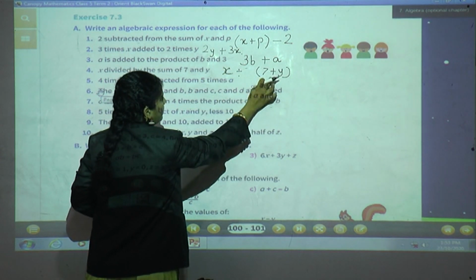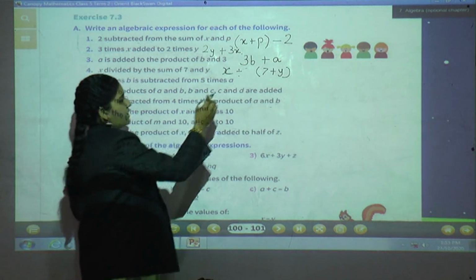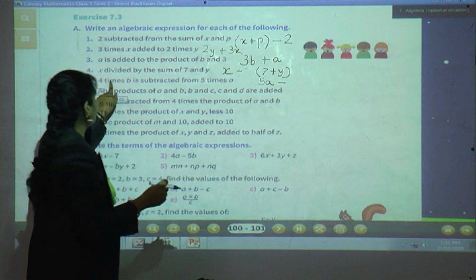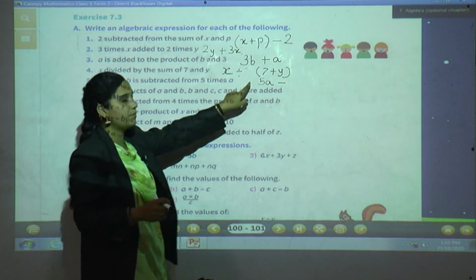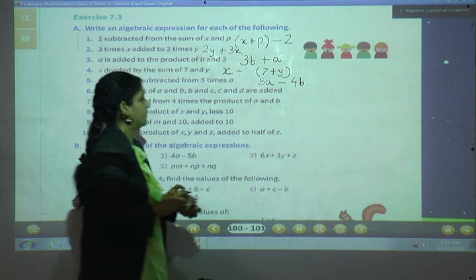So we have to divide x by this number. Here the fifth one: 4 times b is subtracted from 5 times a. 5 times a means 5a, and 4 times b is subtracted from this number. 4 times b means 4b.